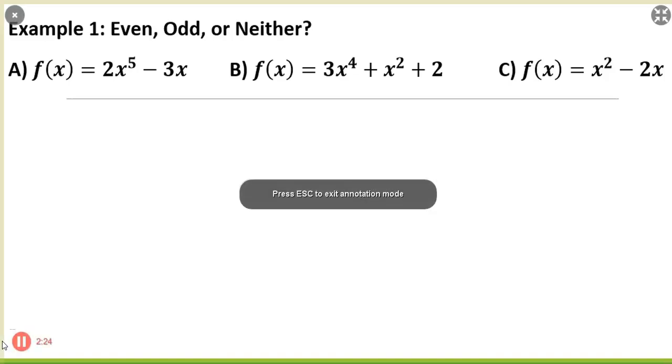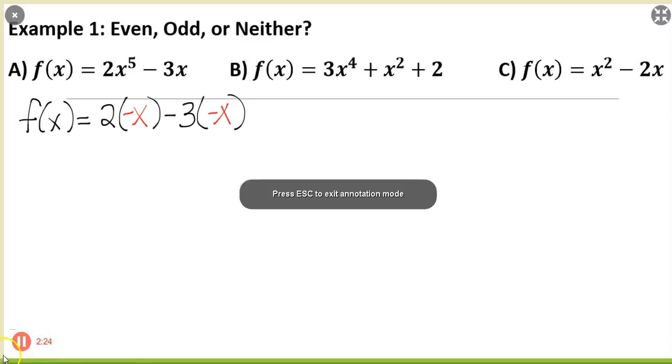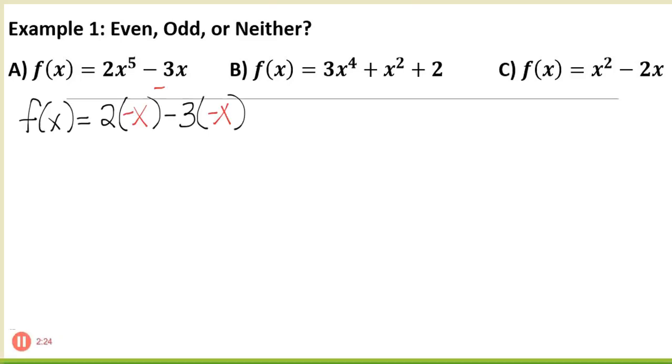The first thing we're going to do is replace x with negative x and see what we get. So if f of x equals 2 times, and then inside the parentheses, I'm going to put a negative x, raised to the power.